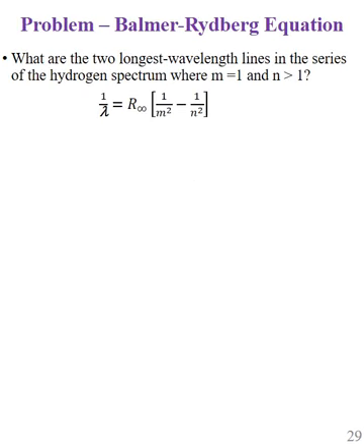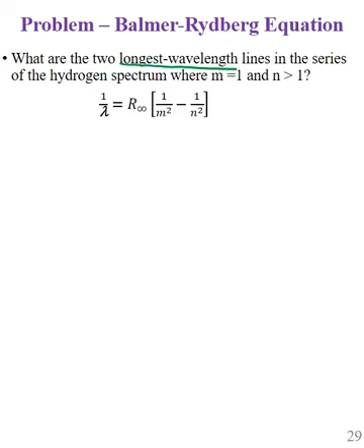Let's look at a problem involving the Balmer-Rydberg equation. What are the 2 longest wavelength lines in the series of the hydrogen spectrum where m equals 1 and n is greater than 1? And we're given the equation for this. Okay, when we are looking for the longest wavelength, what does that correspond to energy-wise?